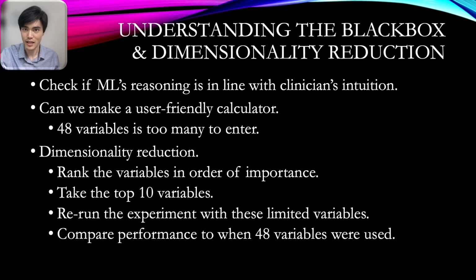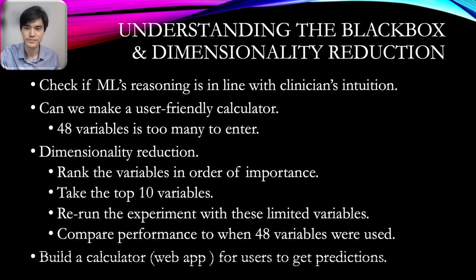Then take the top 10 variables and use only those to rerun and train the machine learning models. Then you compare the models built with all 48 variables versus only 10. And if you are successful in making a good performing model with just 10 variables, you could use that model to build a calculator, a predictor.